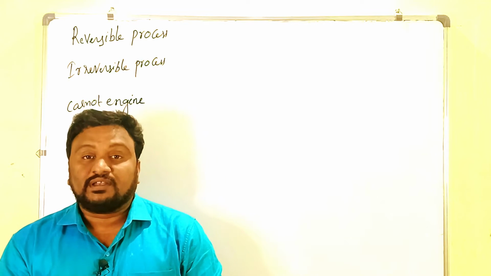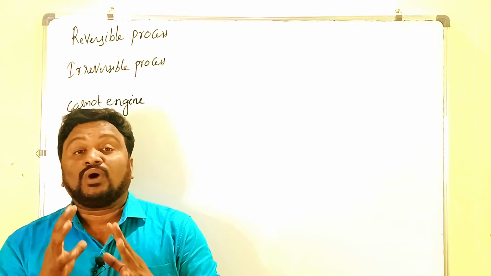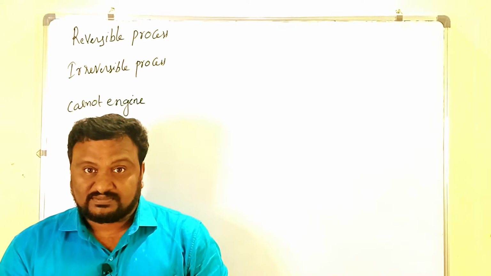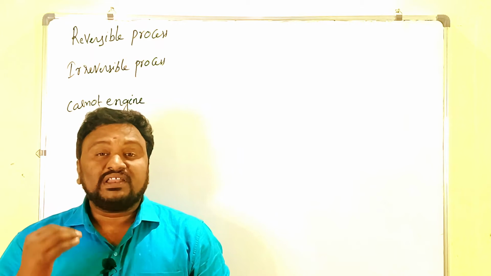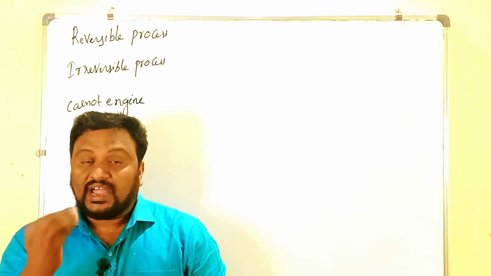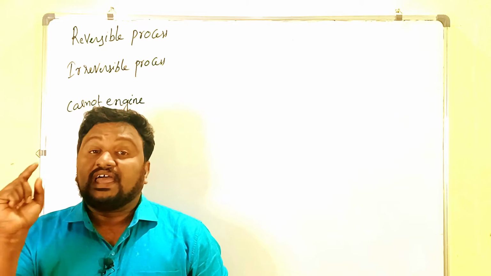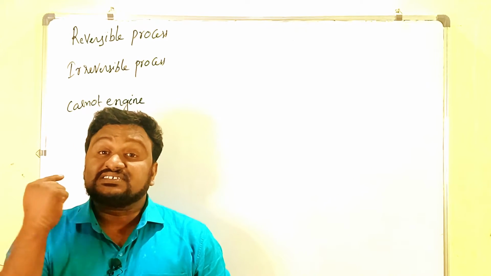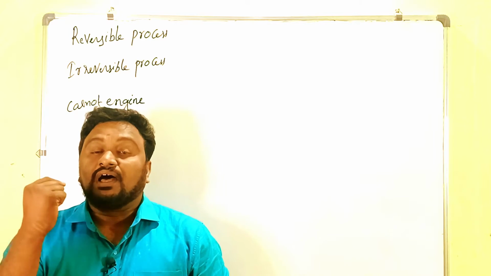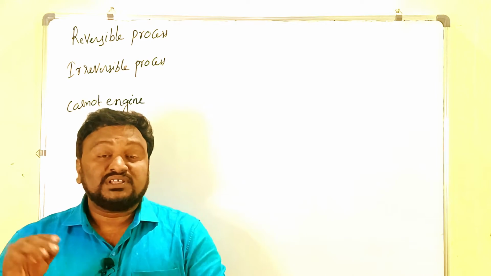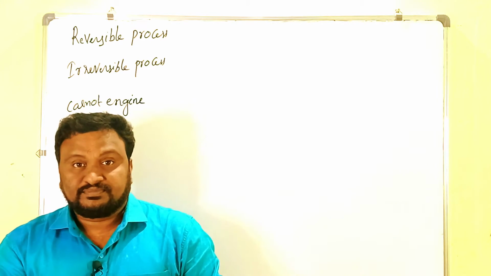Now coming to the point, first we have to know what a reversible process is. The process which goes through many stages, and after that is retraced back to the initial stage, passing through the same steps.